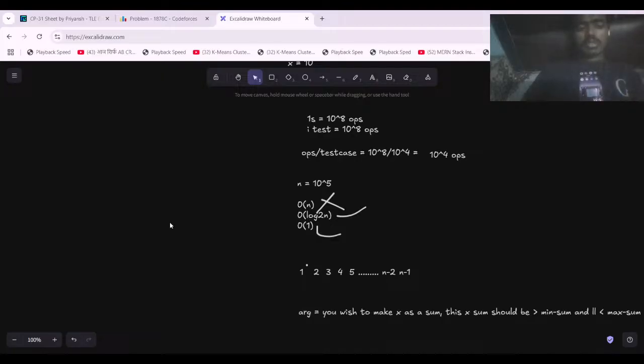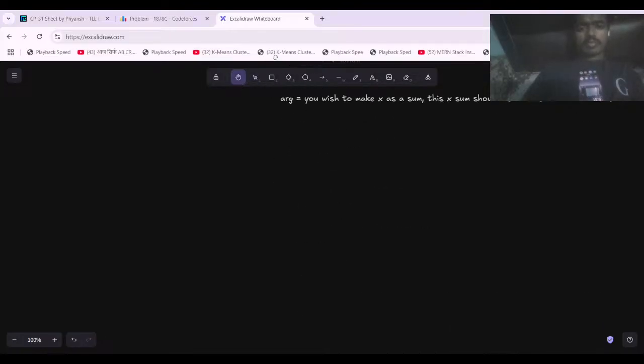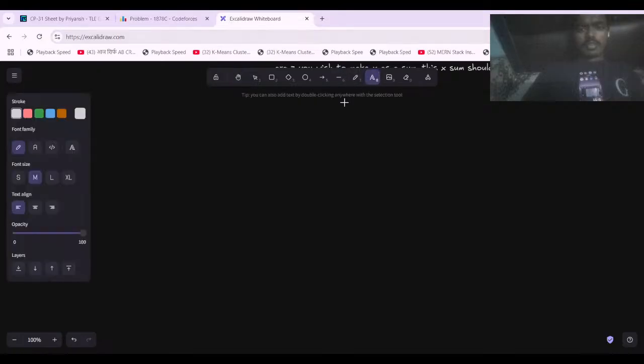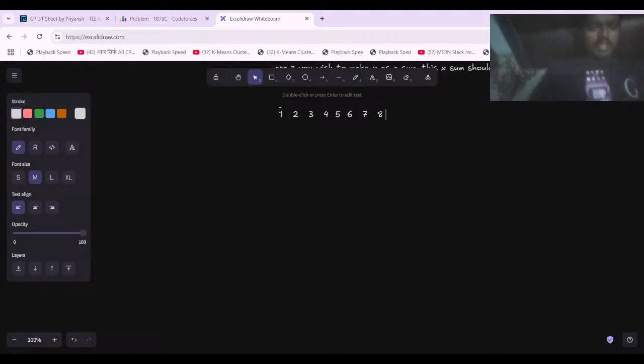Let's try to look at a simple example and get this visualization running. Let's say you have 1 2 3 4 5 6 7 8 and 9, so n is 9.